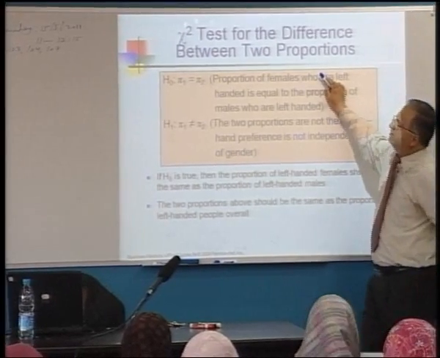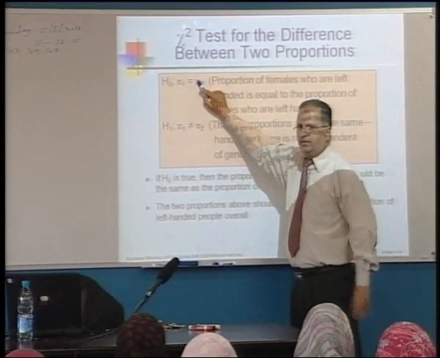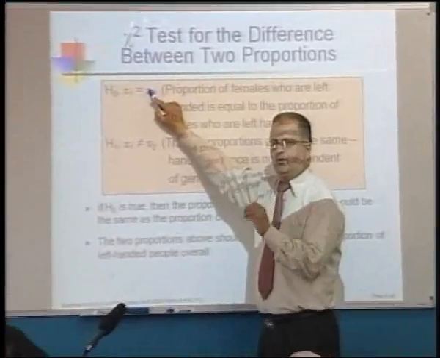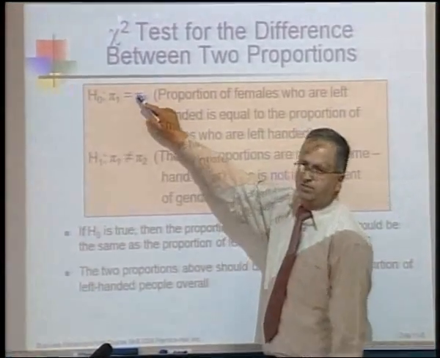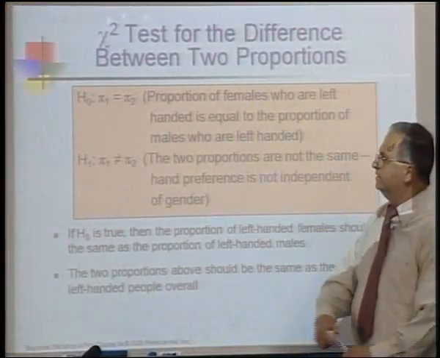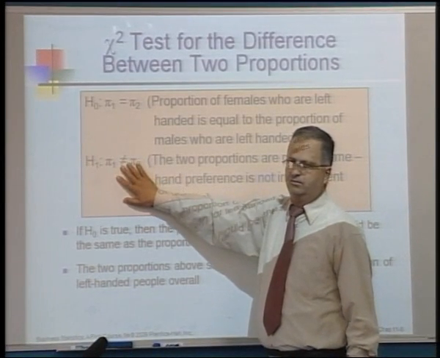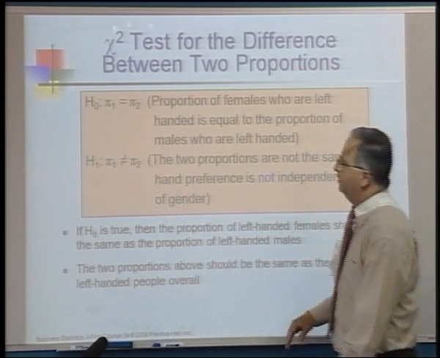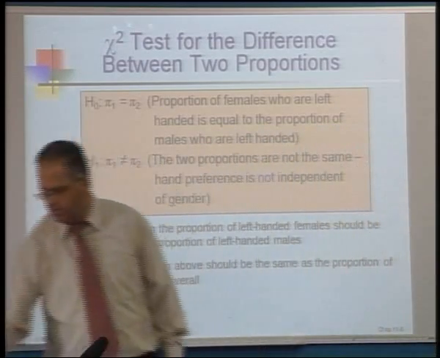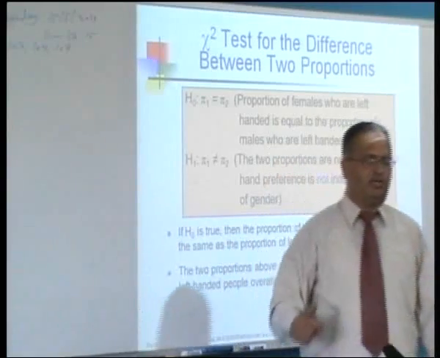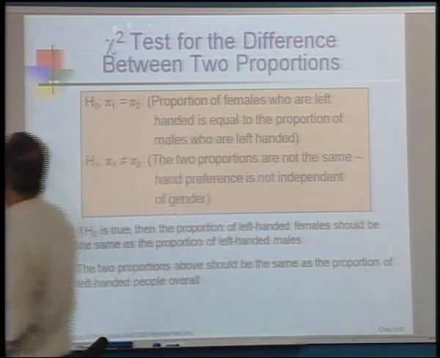In the null hypothesis, the two proportions are equal. I mean, the proportion for population 1 equals the population proportion 2, against the alternative, which is a two-sided test: π1 does not equal π2. In this case, we can use either this statistic.